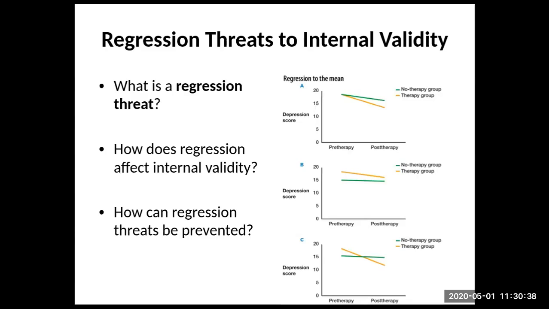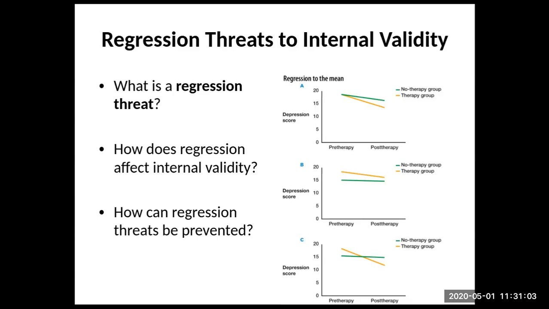So in any of these ones, I don't really see regression, maybe a little bit in the first one, but even then I wouldn't say that this was due to regression to the mean. And again, how did we do this? We added a control group that received no therapy just to see if they spontaneously got better, because they were simply very extreme. So how does regression affect internal validity?